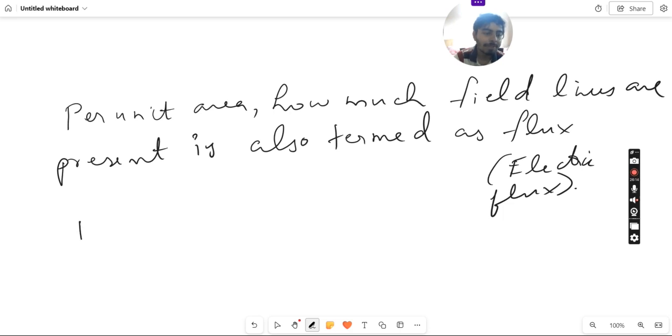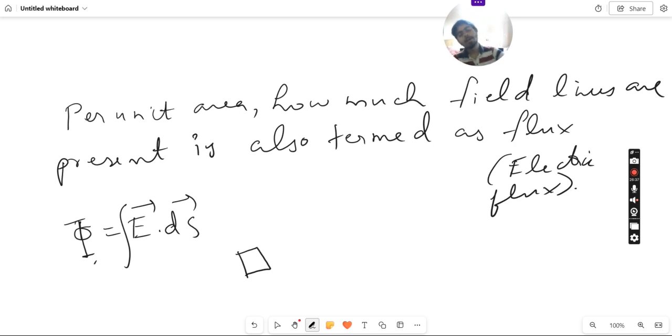Now electric flux is mathematically represented by phi. Phi is equal to the integral of E dot ds. Now this phi is basically through a closed surface, but in differential form it is through a very small area. This area, I think you have seen areas as vectors.